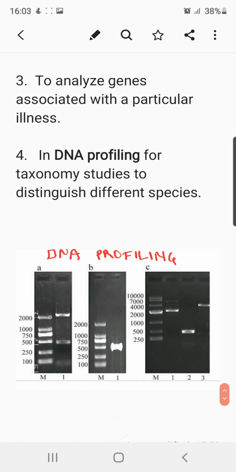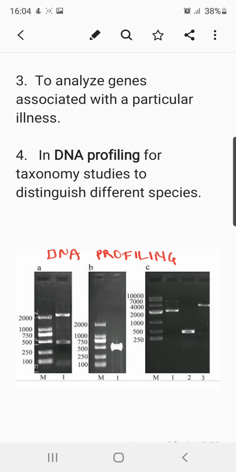In this picture, it is being compared with respect to 2 individuals, and how the comparison of the different fragments of the DNA is made by analyzing the different samples with respect to the taxonomic category.